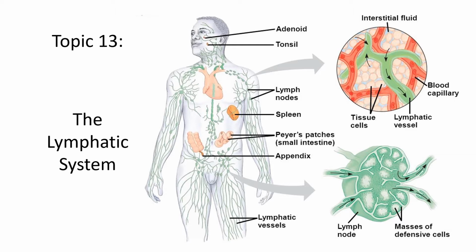The fluid or lymph collected by the system makes its way back to the subclavian veins and then back to the heart. Along the way, this fluid passes through a whole lot of lymph nodes. And lymph nodes serve as little traps where macrophages and other components of the immune system can deal with debris or foreign cells that shouldn't be in that fluid.